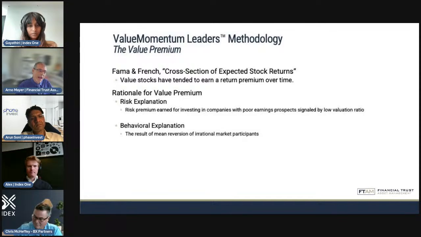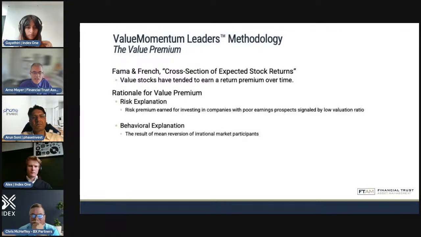Fama-French is more of an academic study. It's very, very famous. It talks about the cross-section of expected stock returns. And they found that value stocks tend to earn a return premium over time. So the question really becomes, why do value stocks earn a return premium over time? And there are two general explanations.